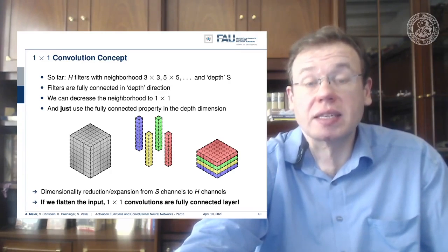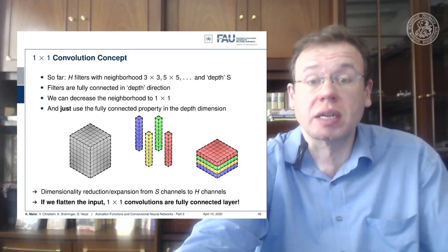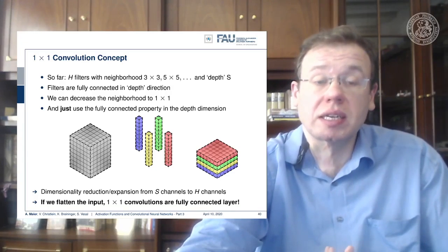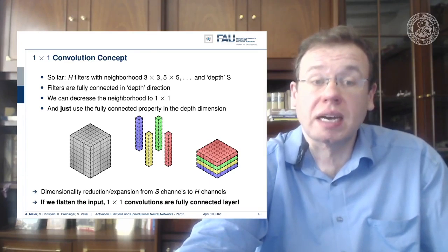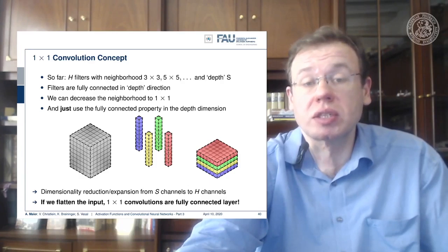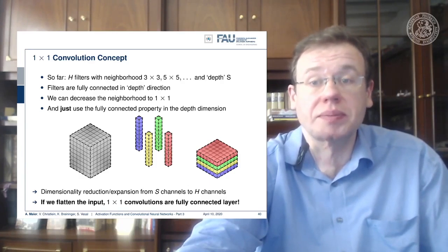If you flatten the input to 1, by the way, and map everything into the channel direction, then 1-by-1 convolutions are fully connected layers. So we can essentially express also the entire concept of fully connected layers with 1-by-1 convolutions if we arrange the outputs in an appropriate way.